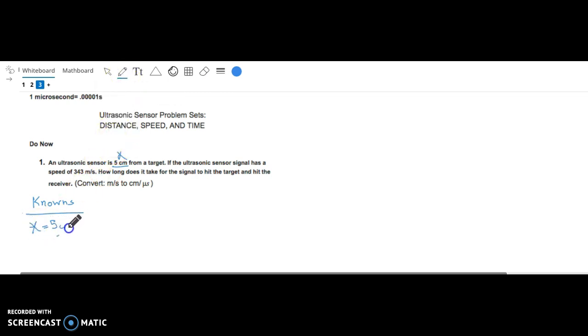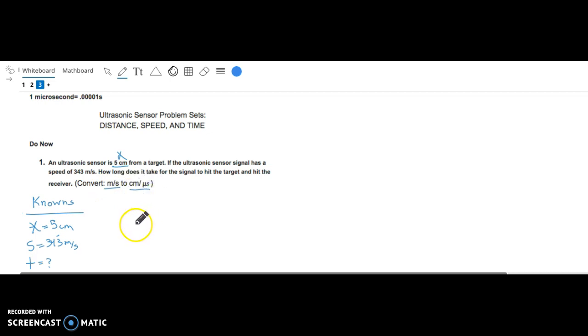Distance of 5 centimeters. It has a speed of 343 meters per second, and we want to figure out the time. Now, if you read the question again, it says, how long does it take for the signal to hit the target and hit the receiver? Convert meters per second to centimeters per microsecond.